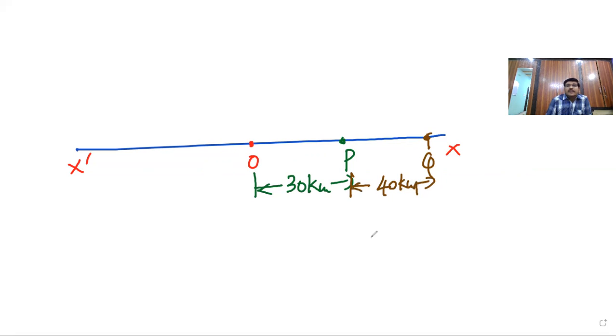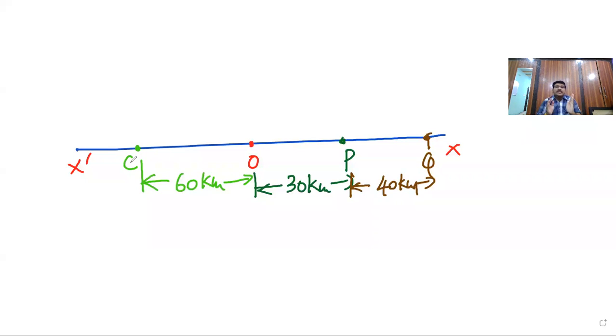Again, from Q, it has gone towards the negative x-axis, up to point C, a distance of 60 kilometers from O.